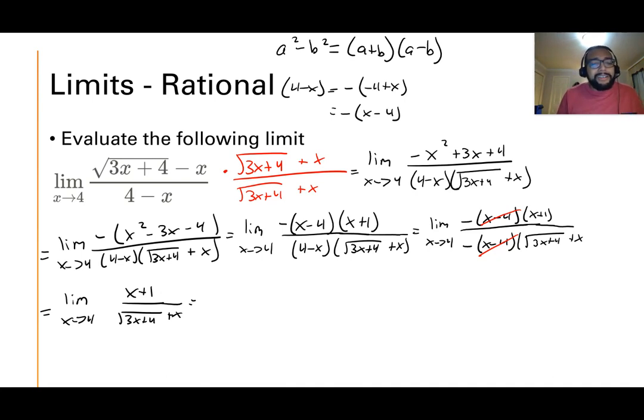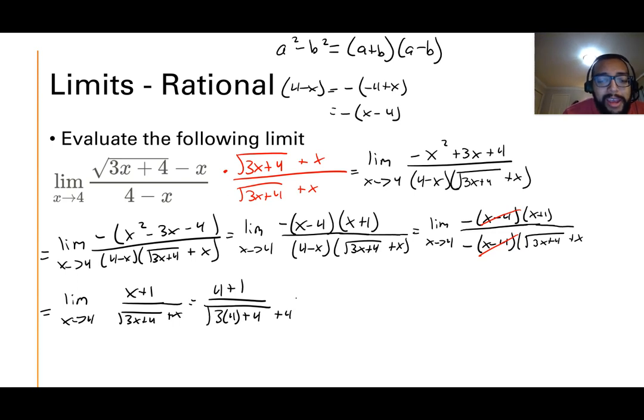I can just call it quits here. So if I plug in 4, on the bottom we get 3 times 4, which is 12. 12 plus 4 is 16. The square root of 16 is 4. Life's good. Life's great. Go ahead and evaluate your limits. Again, if we evaluate a limit and we don't get 0 on bottom, quit working and just get your final answer.